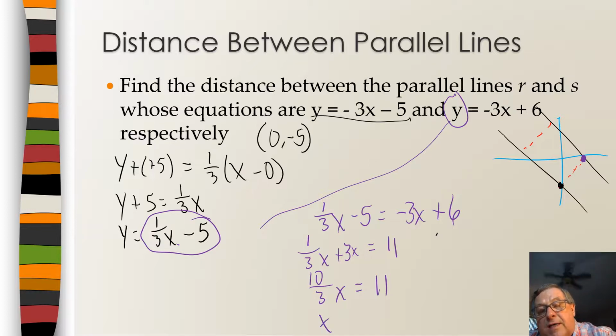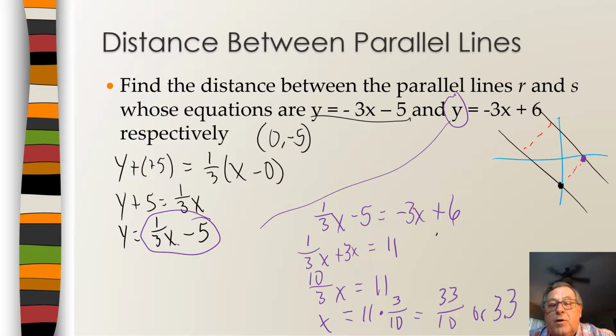To solve for x, I'm going to divide by that 10/3, which is the same as multiplying by 3/10, which is equal to 33/10, or 3.3.